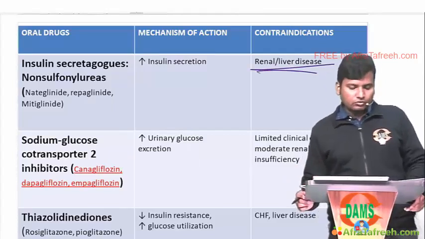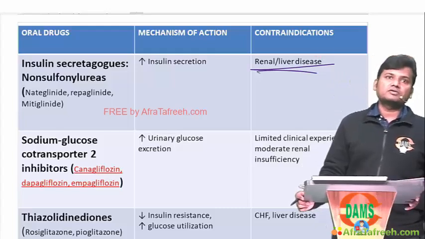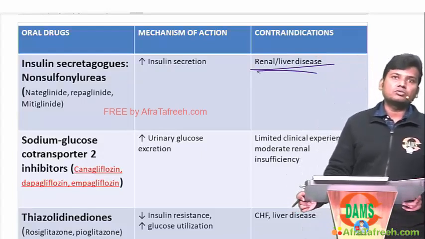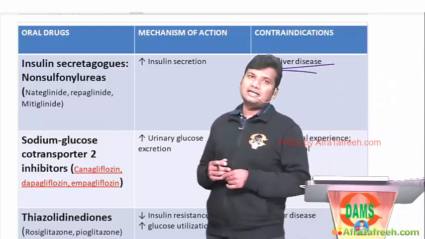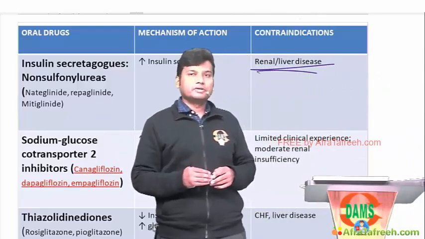Sodium glucose cotransporter 2 inhibitors: canagliflozin, dapagliflozin, empagliflozin. These drugs block sodium glucose transporter 2, they inhibit SGLT2, and they increase the excretion of glucose through the kidney.